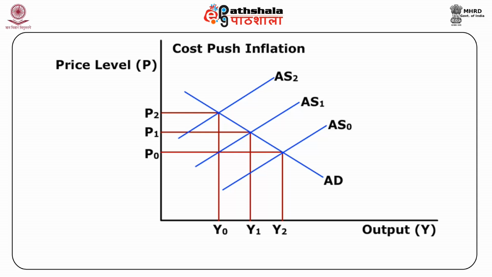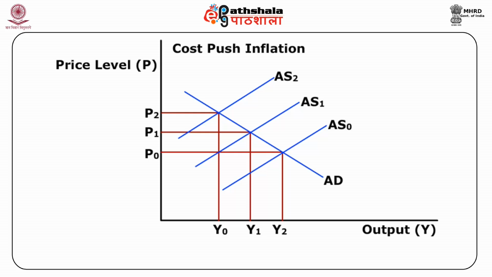This can leave an impact on the price of goods and services across the board, leading to an increase in the average price level. Once again, the increase has to be sustained over time to be termed as inflationary.